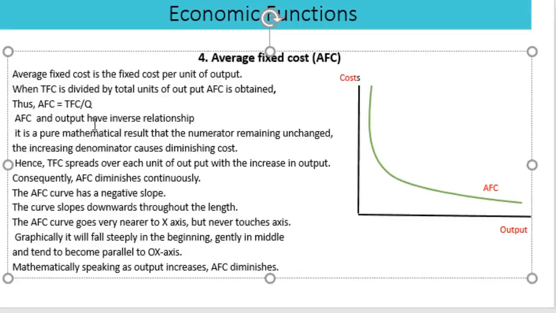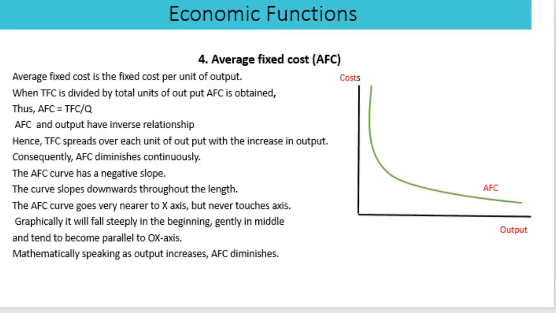The AFC and output have an inverse relationship. It is a pure mathematical result, with the numerator remaining unchanged. TFC is spread over each unit of output, and therefore AFC diminishes continuously. The AFC curve goes very near to the x-axis but never touches the axis.